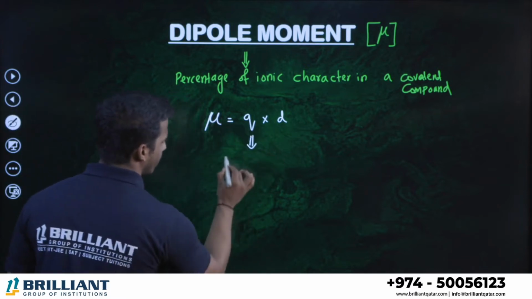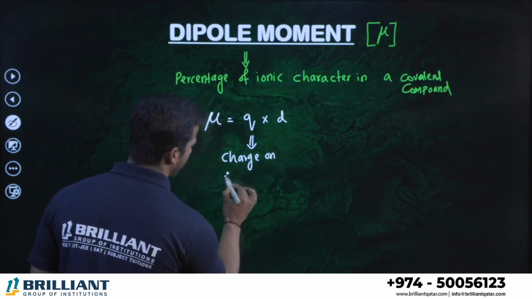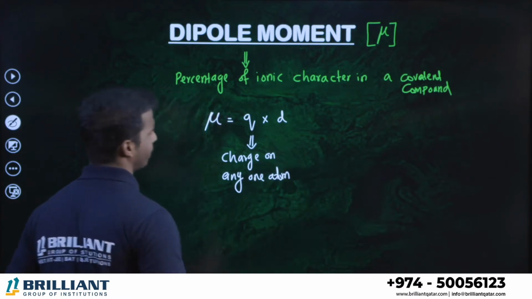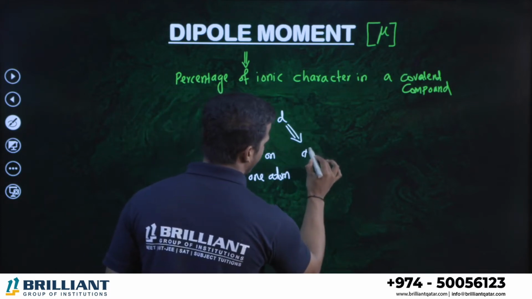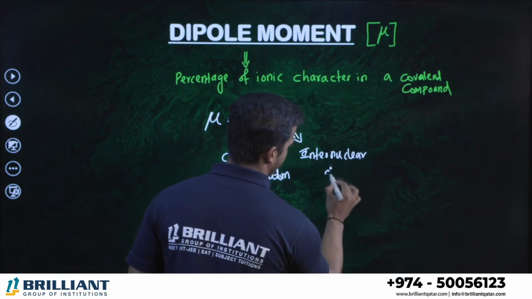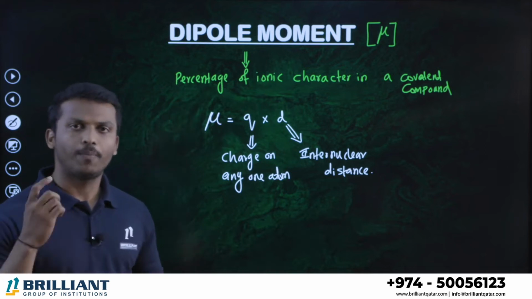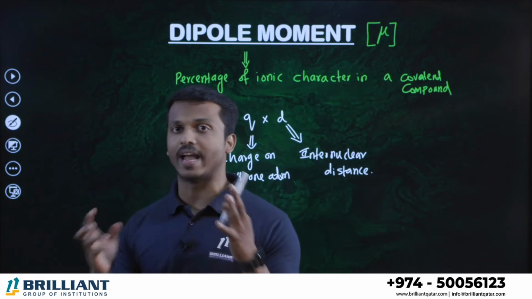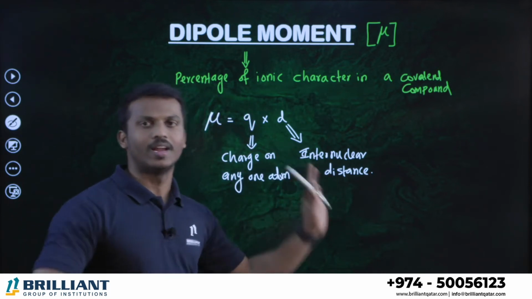Q represents the charge on any atom. D represents the internuclear distance, which means the distance between two nuclei. So dipole moment you can define as the product of charge on any atom into the distance of separation, or internuclear distance.